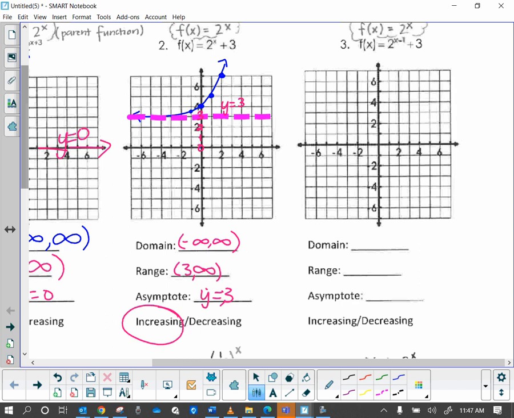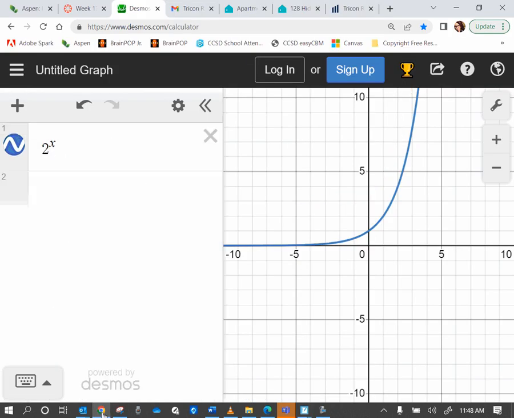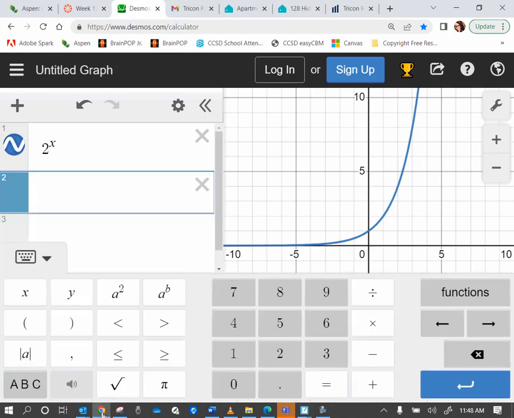Okay. Number 3, f of x equals 2 to the x minus 1, and then plus 3 at the end. So let's see how that compares to the parent function. So we've got 2 to the x, so 2 and then hit your AB button.